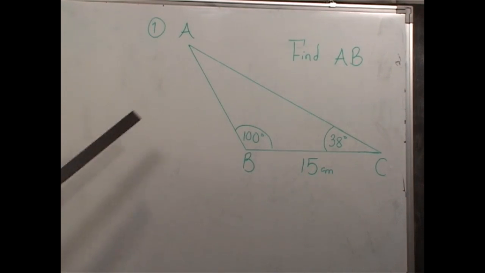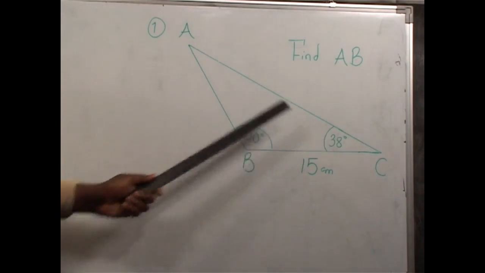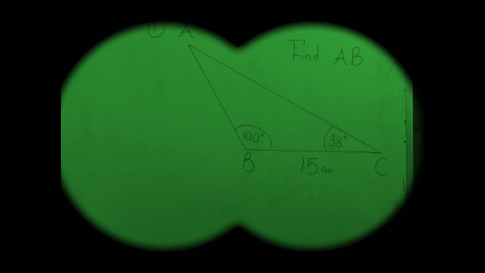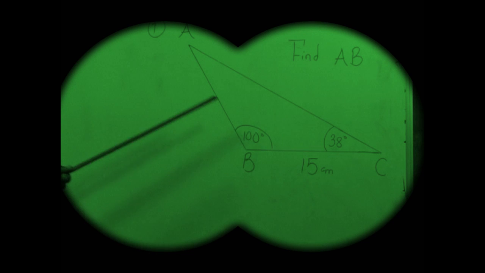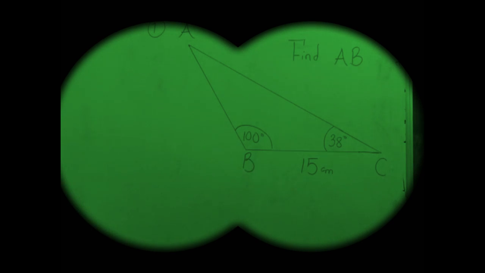So in this case, we know to this side, the angle opposite is 38 degrees. Then you also need to have the length of a side. In this case, we have 15 centimeters. And to this 15 centimeters, we need to know the angle which is opposite. And in this case, the angle opposite to 15 centimeters has not been given.